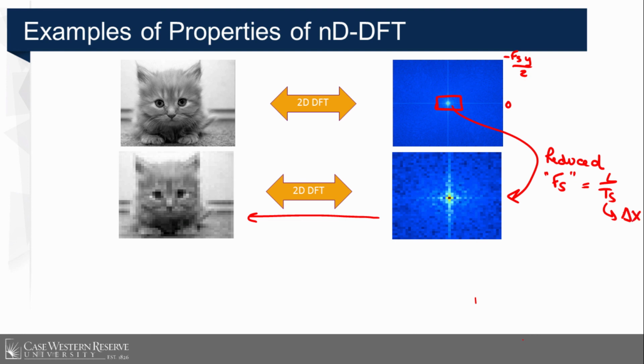So by reducing my Fs, I'm increasing my Ts and increasing the spacing between points in the image. So here I end up having bigger pixels because my delta x has increased. So I'm losing spatial resolution if I just focus in on this very center of my K-space.